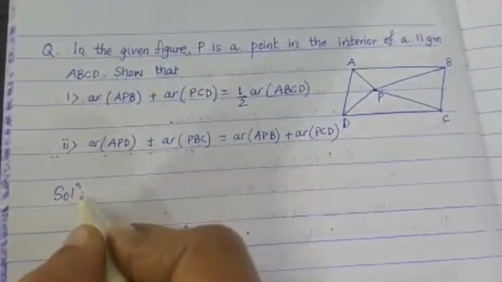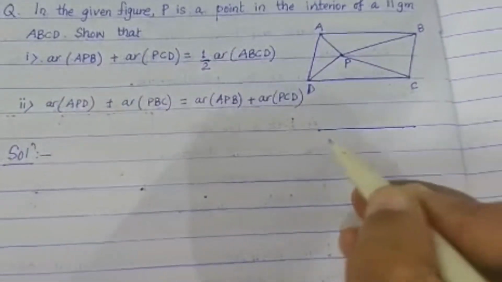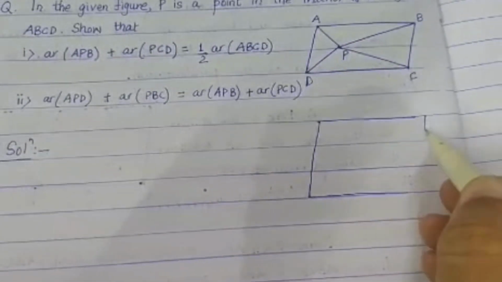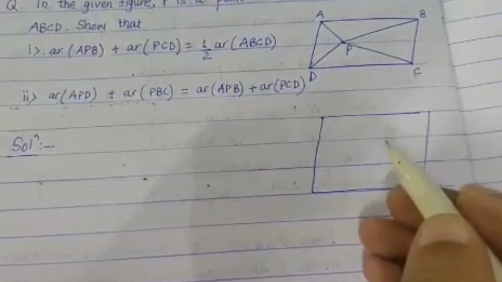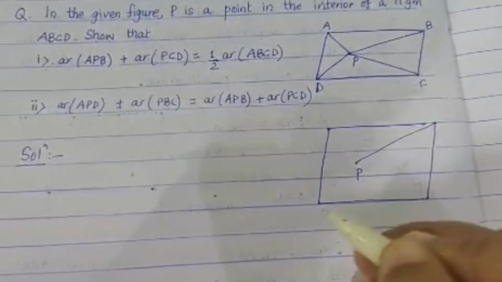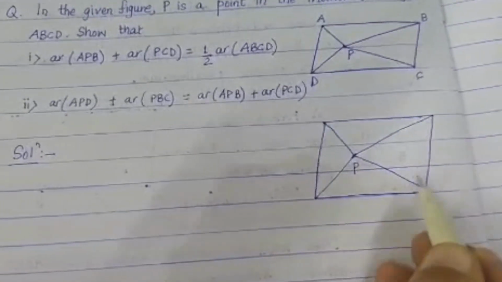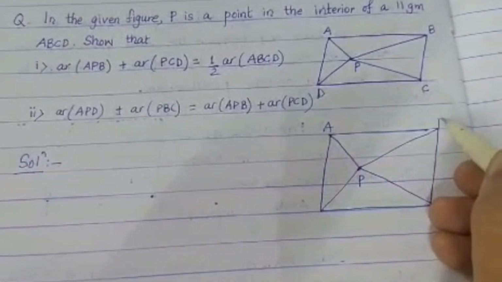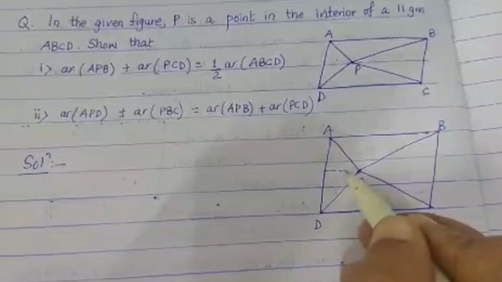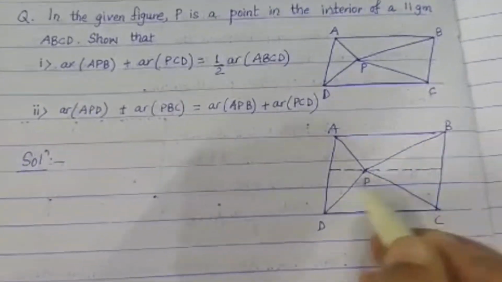Let's see the solution. First of all, this is the figure and we want to do a construction. It is like this: A, B, C, D and P. We will draw a line parallel to AB and CD.